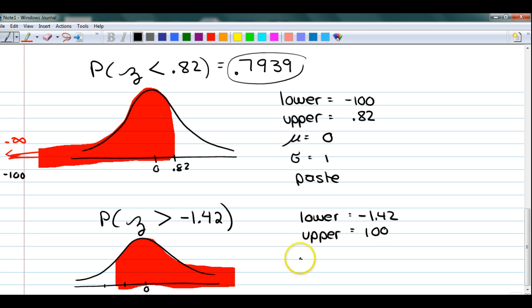That ought to be good enough. My mean is still 0. My standard deviation is 1. And I get 0.9222 if I round to the 4th decimal place.